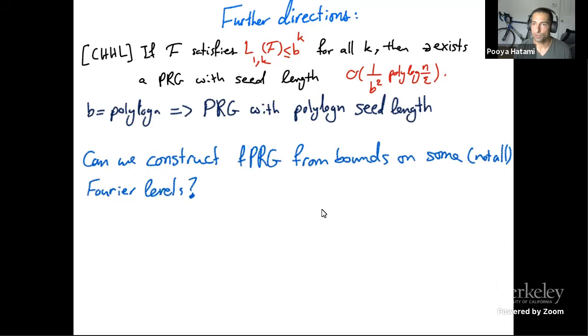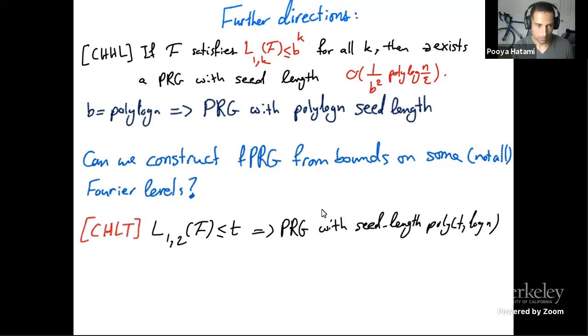One way to try to improve on this is to say, well, we couldn't prove very good bounds for all levels of F2 polynomials, but what if we could prove it for only some levels? Can we use this to construct a pseudorandom generator? Is it necessary that we need this bound on all the levels? We studied this question in a joint work with Eshan, Shachar, and Avishai, where we showed that only the second level is already sufficient.